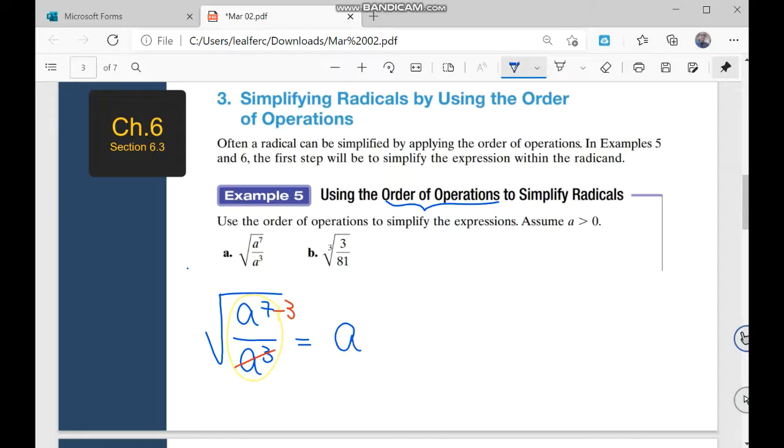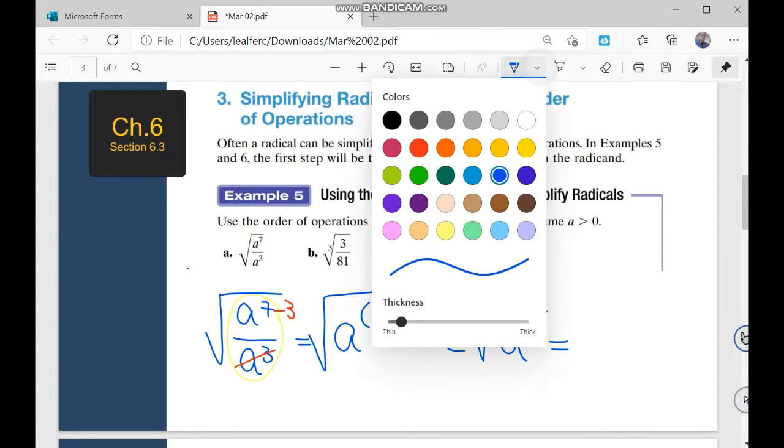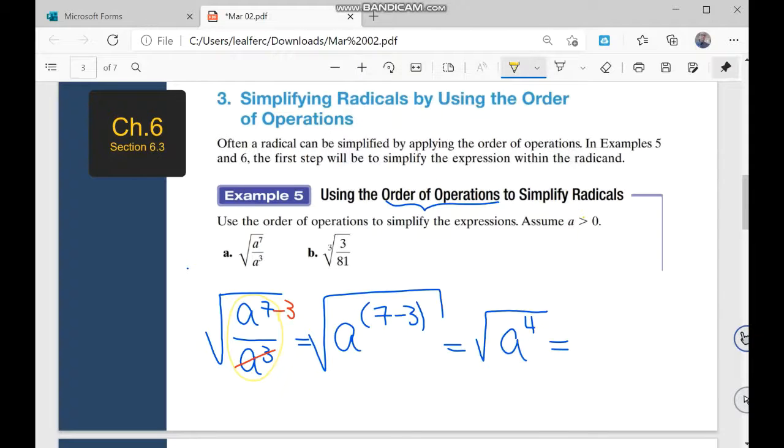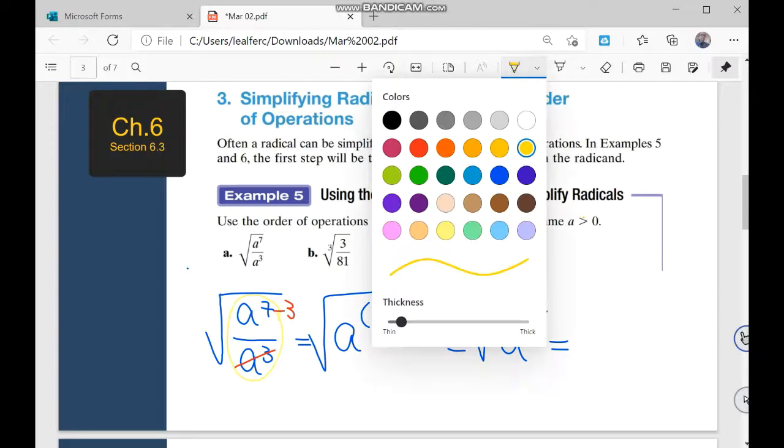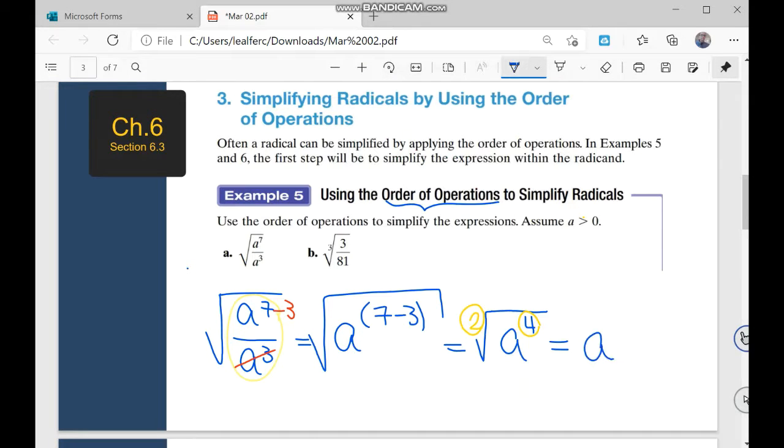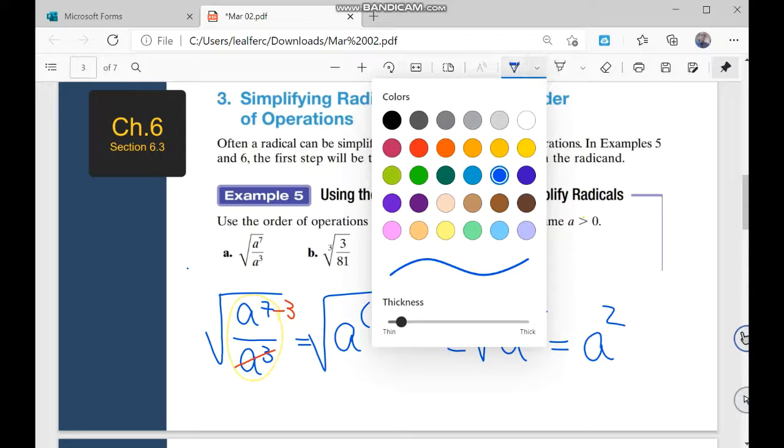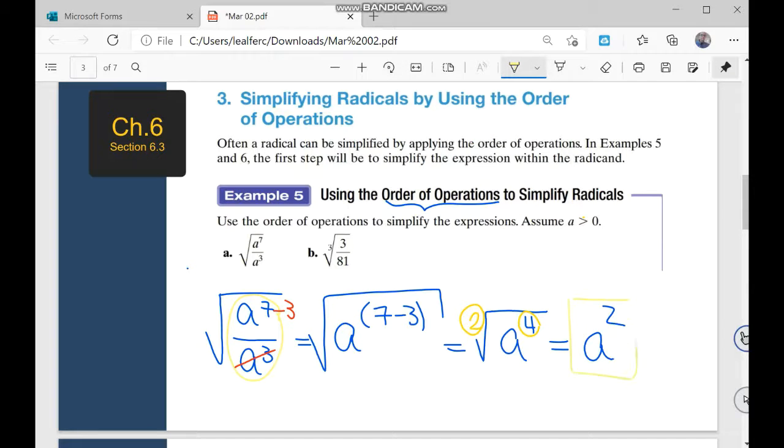So it's the square root of a to the 7 minus 3, which is the square root of a to the 4th. And now we can apply properties of radicals. Divide the 4 by the index 2, and you have the answer, a squared. That is the right answer.